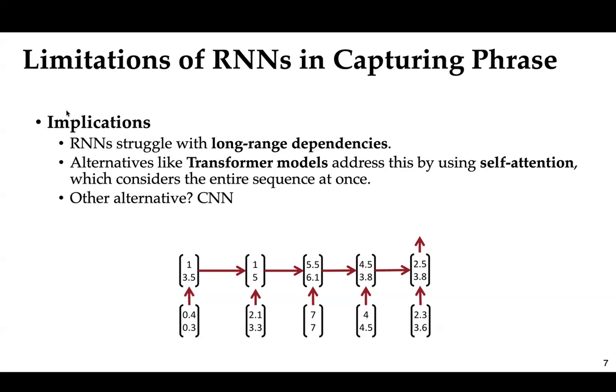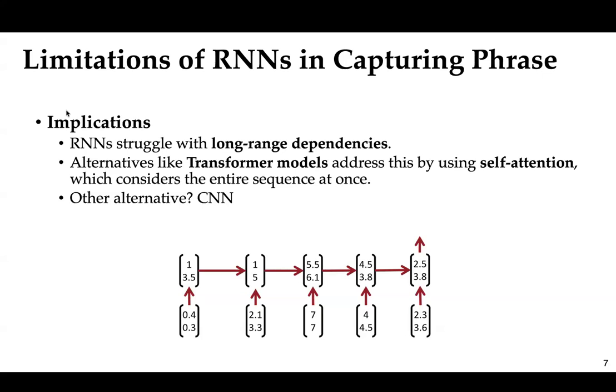Well, as a result, RNNs will struggle with the long-range dependency, very naturally, right? If the last couple of tokens are more emphasized in the output, then your RNN is going to struggle with capturing how the one at the beginning would contribute more or less to the final output, okay?